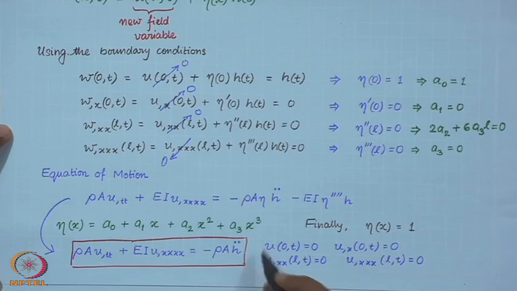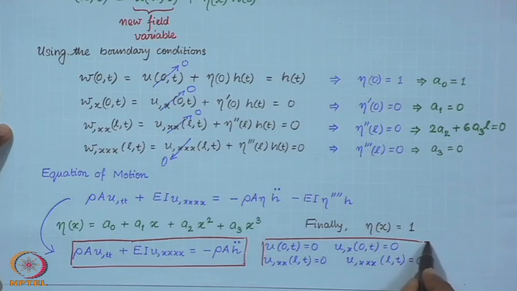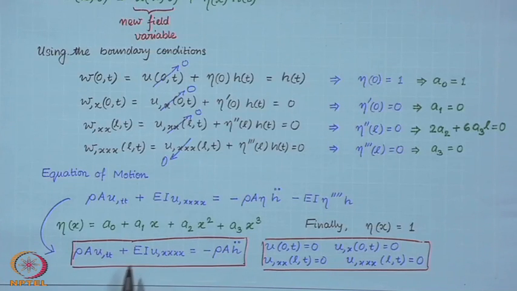So, these are the boundary conditions. So, we have now a system which is forced, but has homogeneous boundary conditions.